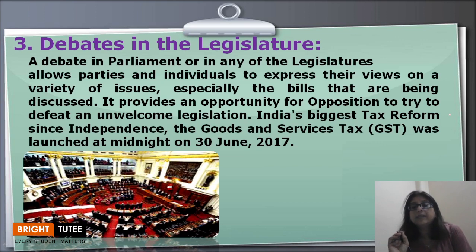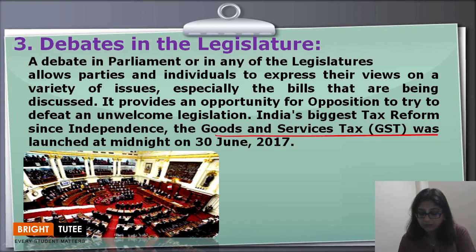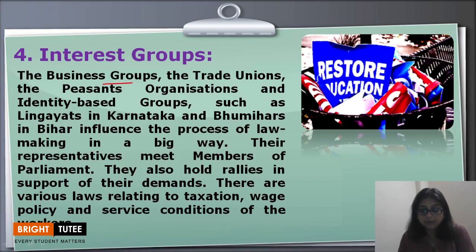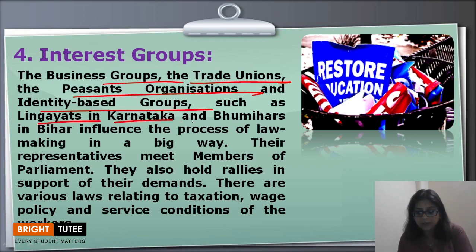India's biggest tax reform since independence, the Goods and Services Tax, that is GST, was launched at midnight on 30th June 2017.